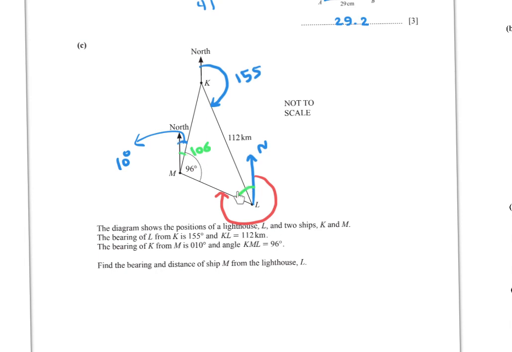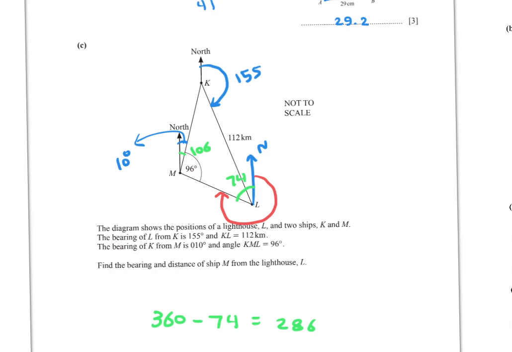Now you can deduce this angle, 180 minus 106, so 74. So now the bearing of M from L is 360 minus 74, which equals 286. So the bearing is 286.